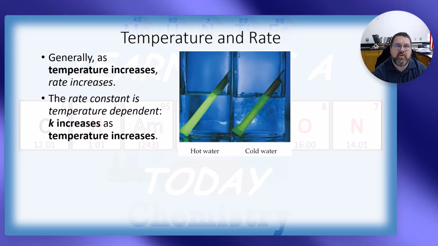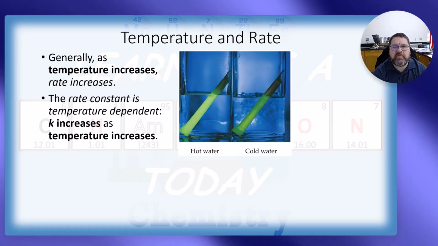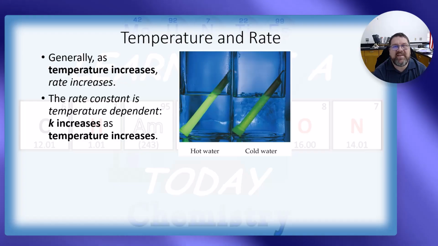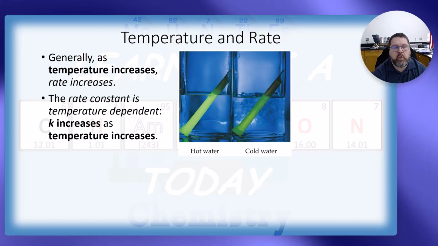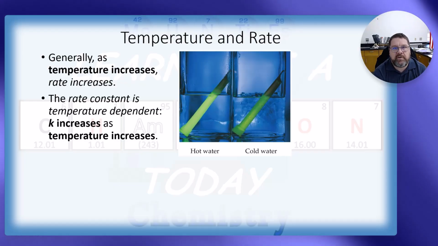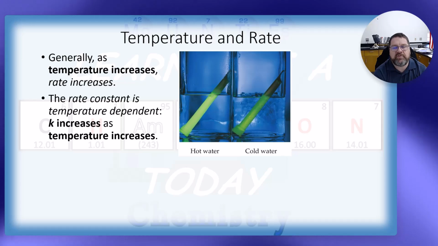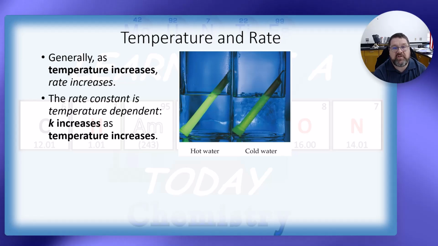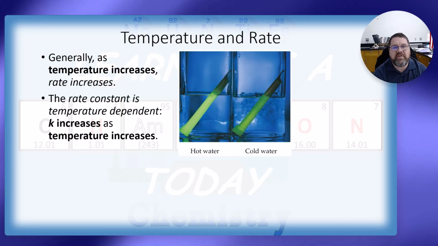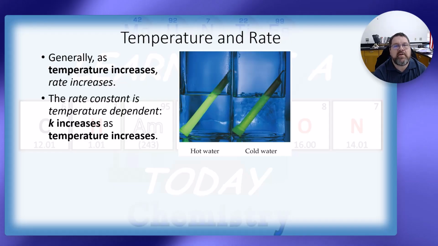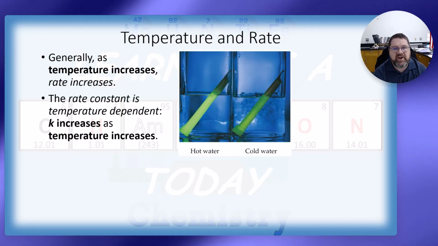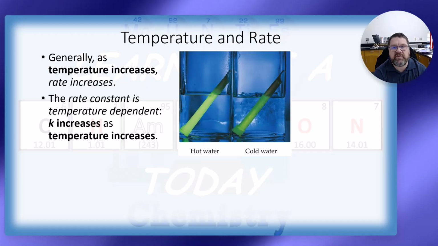And so if you remember, the rate constant, which is represented by k, is temperature dependent. So when you change the temperature, k is going to change as well. If you recall the magnitude of k, the bigger k is, the faster a reaction goes. The smaller the k value is, the slower the reaction goes. So it stands to reason that when you raise the temperature of a reaction, that reaction's rate constant, k, is also going to increase.